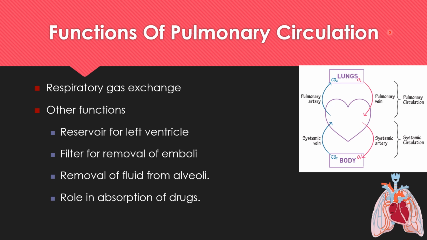It also has a role in the absorption of drugs, and it also produces the angiotensin converting enzyme by the pulmonary endothelial cells. So this will also be helpful in the RAS system.